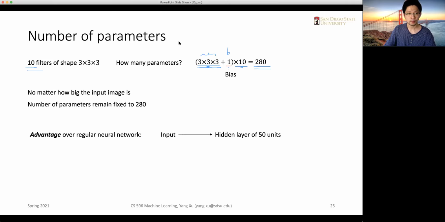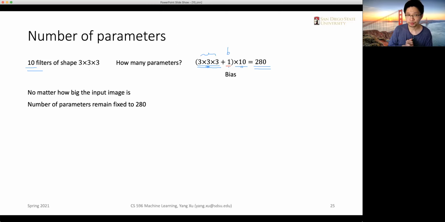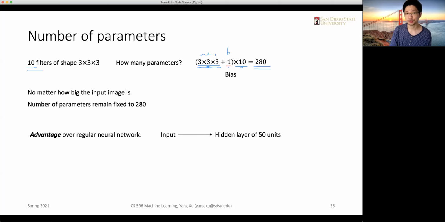The thing is that no matter how big the input is, whether it's a 6 by 6 by 3 small image, the number of parameters used will be 280. When the input is 100 by 100, it's still the same number of parameters, because, assuming that we don't change the shape of the filter and we don't add filters, the number of parameters will be the same. So this is a huge advantage over a regular neural network.